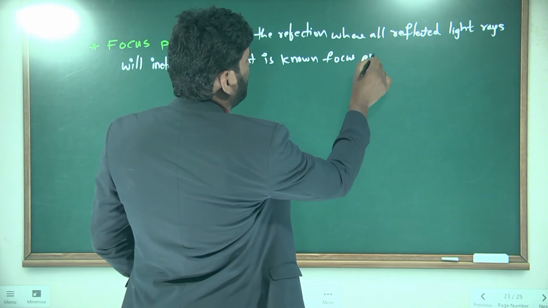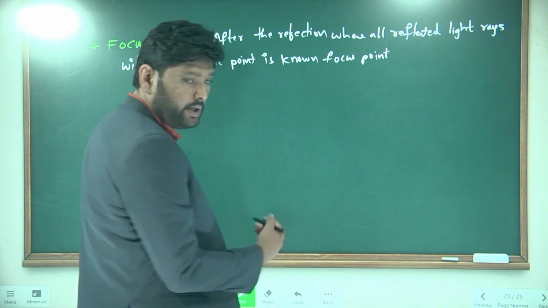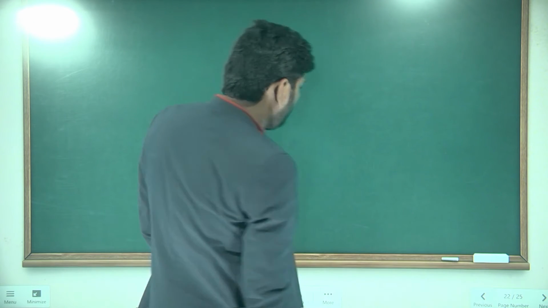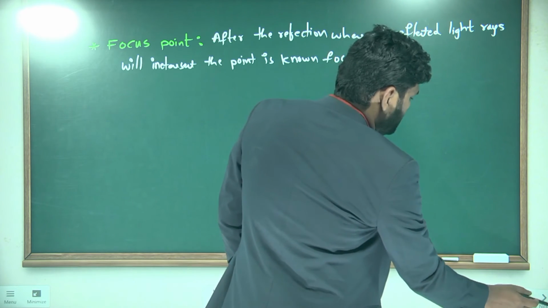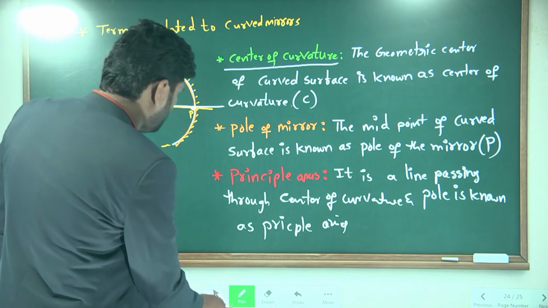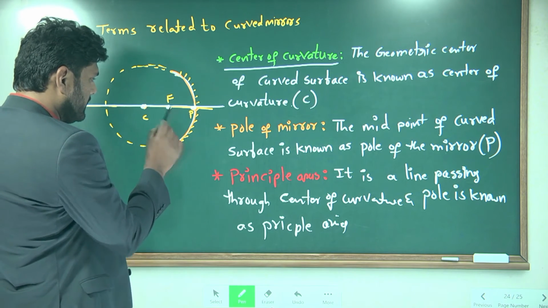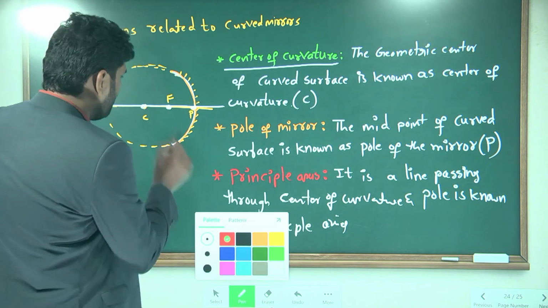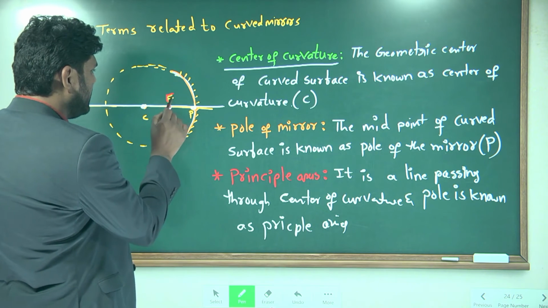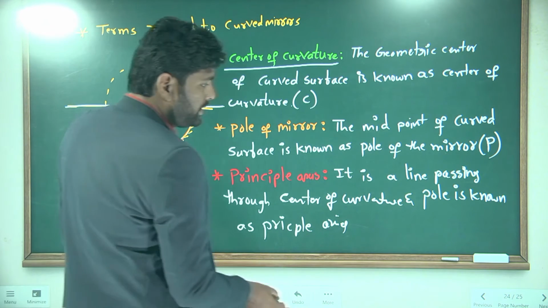Focus point. So here in the diagram, you will observe the focus point somewhere over here. Understand? Somewhere over here you will observe the focus point represented with F. Got it?